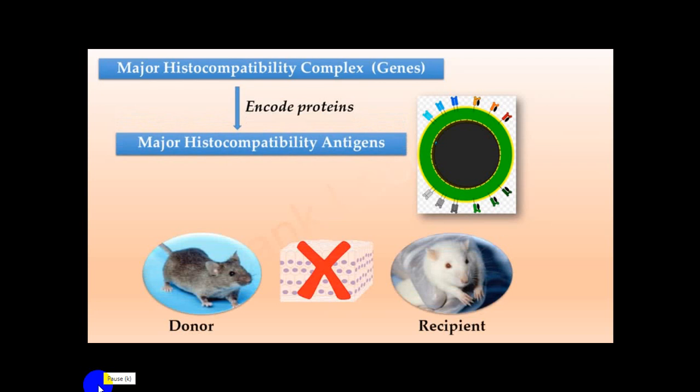When a tissue was transplanted from donor mouse to recipient mouse, the major histocompatibility antigens of the donor mouse were perceived as foreign or non-self by the recipient mouse. As a result, the immune system of the recipient mouse mounts an immune response and results in the destruction of the transplanted tissue.